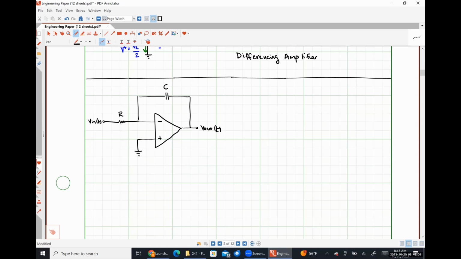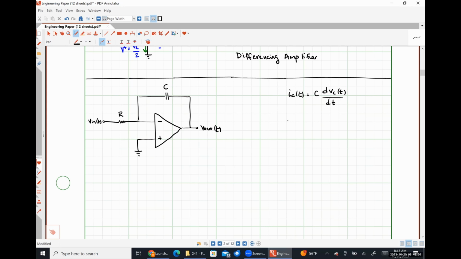So before we figure out how this thing works, we need to refresh ourselves on what the relationships are between voltage and current in a capacitor, right? So we know that the current flowing through a capacitor is C times the derivative of the capacitor voltage with respect to time.